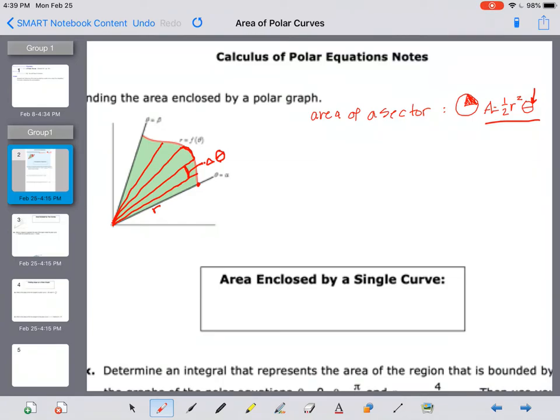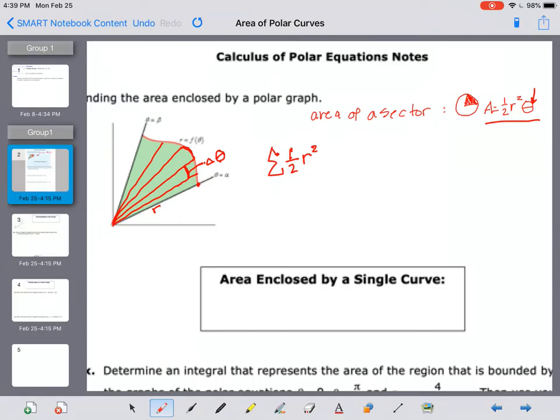So I know if I take the sum of my function, well, 1/2, that 1/2 is a coefficient. Remember, coefficients don't really do anything. We just bring them along for the process and use them when we need to. My polar equation is already in terms of r, so that works.